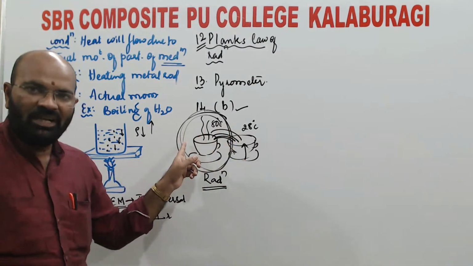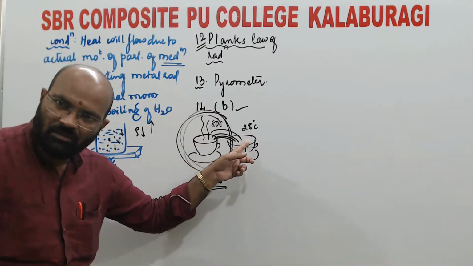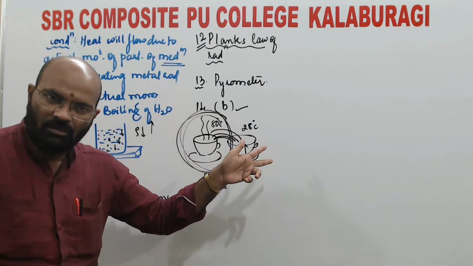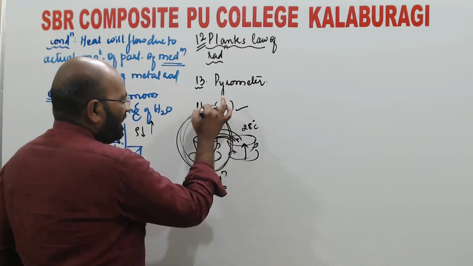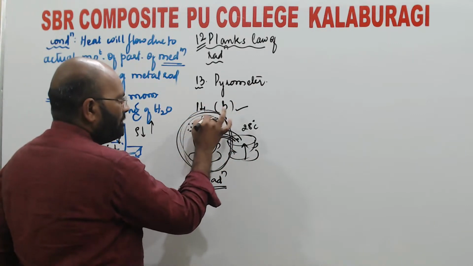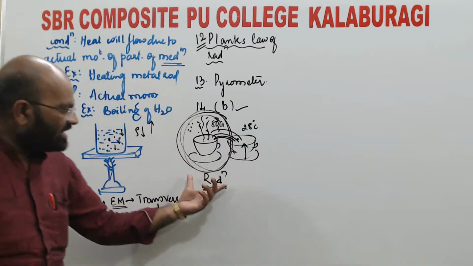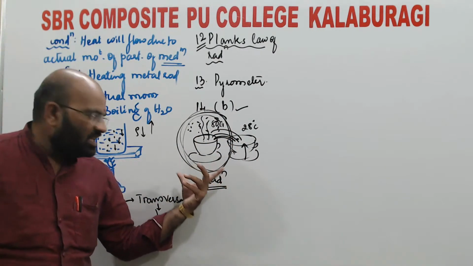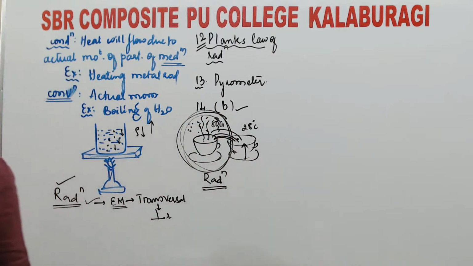With actual movement, both conduction and convection take place. To avoid this, if I place them side by side, atmospheric particles maintain the common temperature, and hence radiation is the process in which the temperature of the body goes on decreasing.